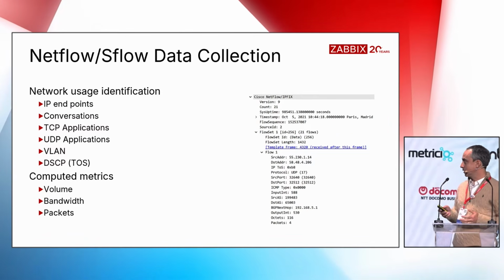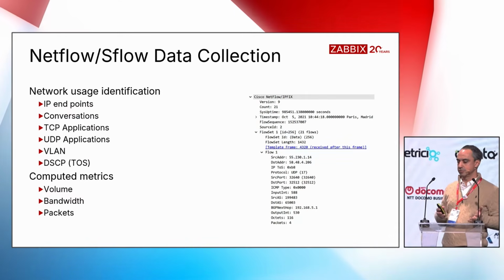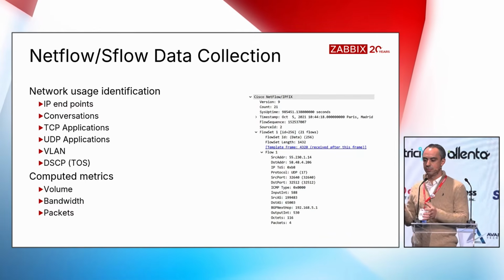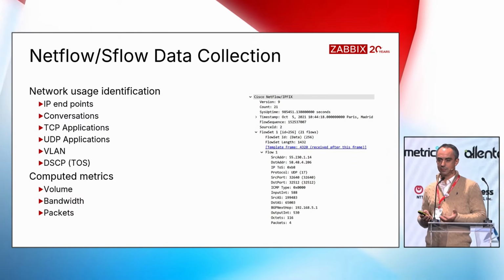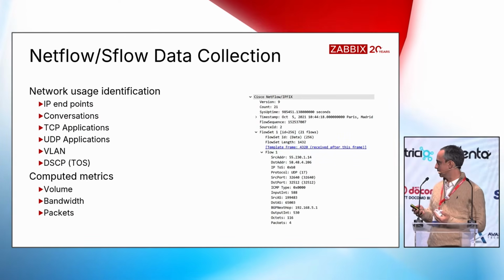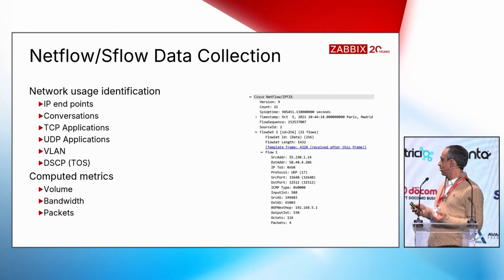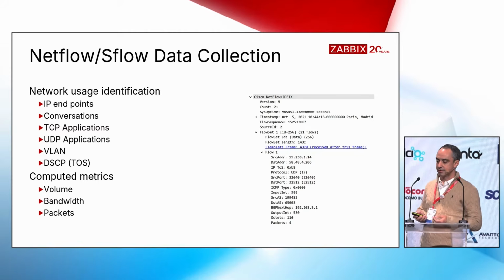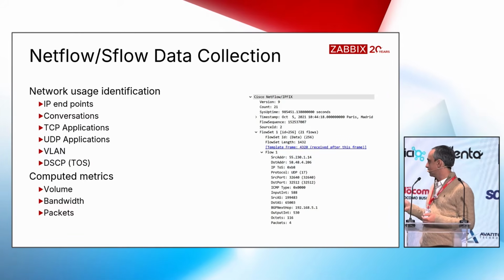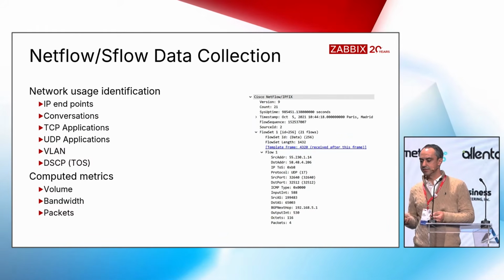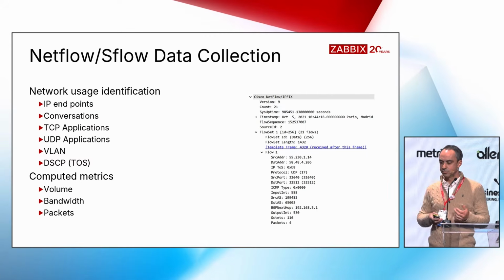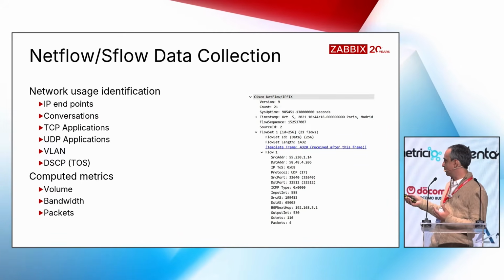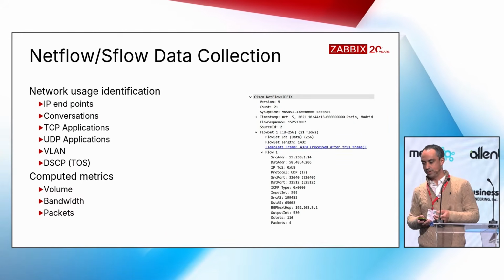The computed metrics in NetFlow are just about volume: the volume, the bandwidth, and the number of packets. There is no quality in NetFlow, no latency or this kind of thing. On the right, you can see the content of a NetFlow ticket, with information like source address, destination address, the protocol, and at the end, the metrics like bytes or packets.